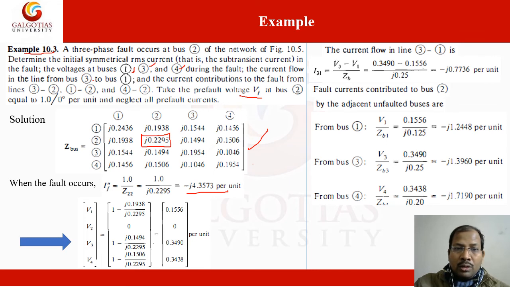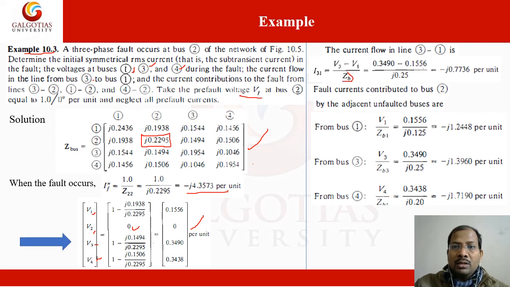And for each bus voltage V1, V2, V3 we can use the formula directly, which was already discussed in the previous slide. So we can get these voltages. You know that at bus 2 there is a fault, so we get 0 voltage. Similarly, the line current between buses 3 and 1 is (V3 minus V1) divided by ZB.